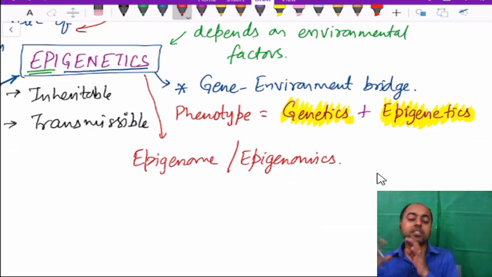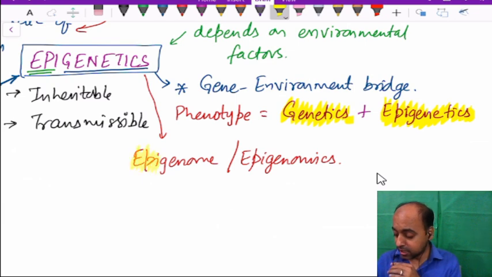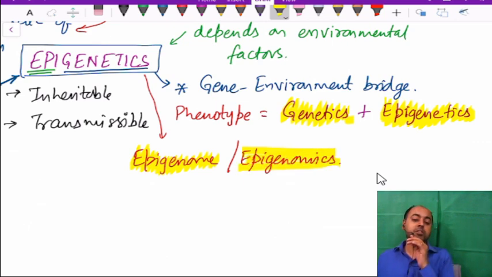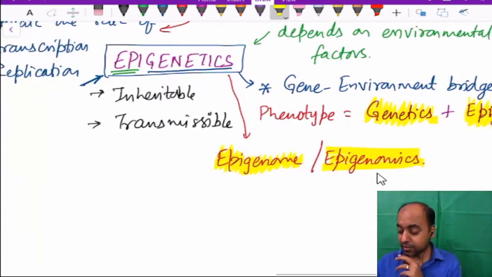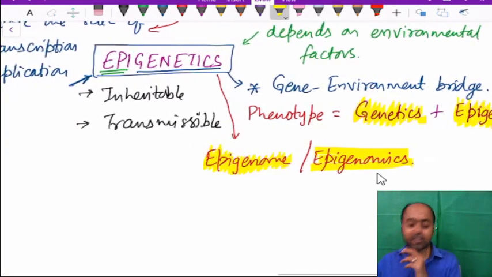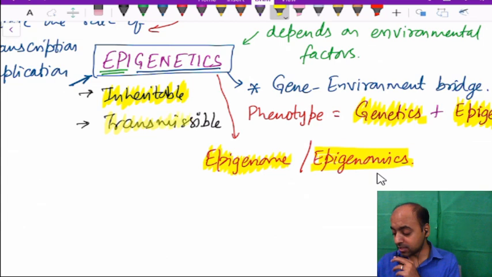So the whole set of epigenetic changes is known as the epigenome, and the study of the epigenetic changes is known as epigenomics. You should remember the terms epigenetics, epigenome, and epigenomics. The phenotype is a result of the gene environment bridge, that is, the sum of genetics and epigenetics. Epigenetics, although it depends on environmental factors, is inheritable as well as transmissible.